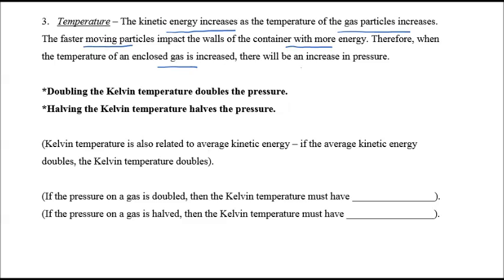Therefore, when the temperature is increased, there is an increase in pressure. But we have a relationship. If you double the Kelvin temperature, not Celsius, you will double the pressure. If you take half of the Kelvin temperature, you will get half of the pressure.